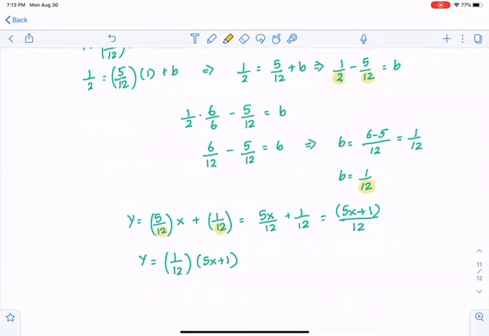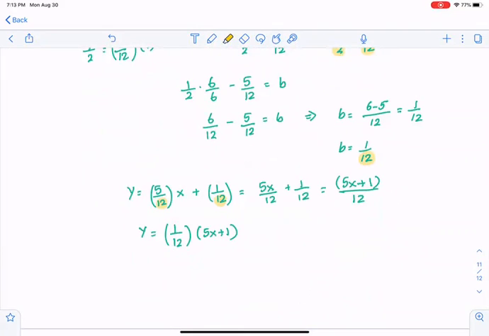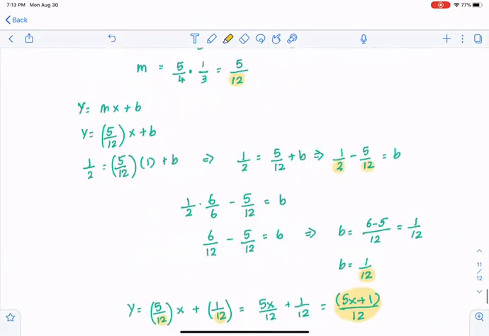And you should be able to combine in this step like we did over here, and you should be able to pull out that common 1 over 12. So for instance, if you have the slope as 5 over 9, the intercept is some number with 9 in the denominator. It could be 7 over 9, it could be 10 over 9, it could be 18 over 9.